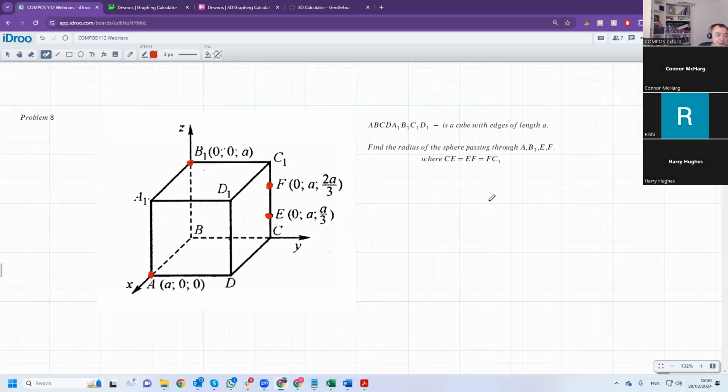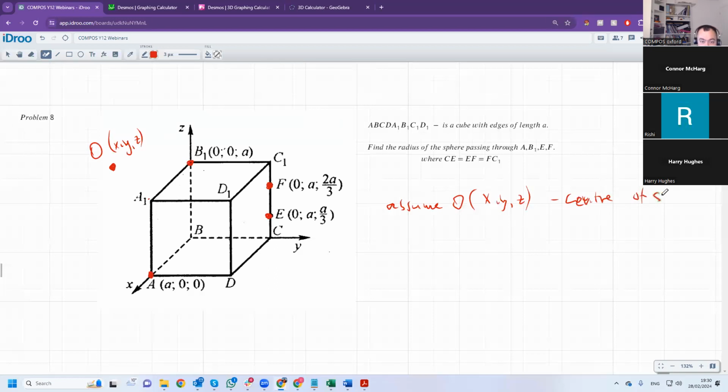Okay, so what we need to do is assume that O, with coordinates x, y, and z, is the center of the sphere.